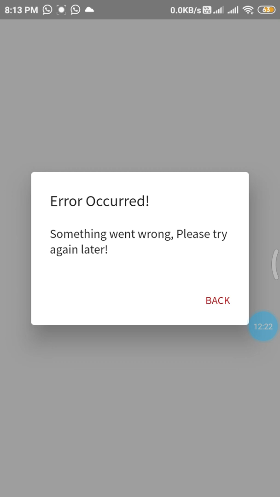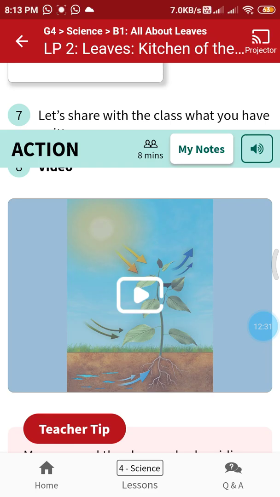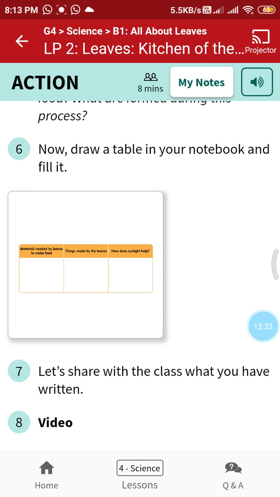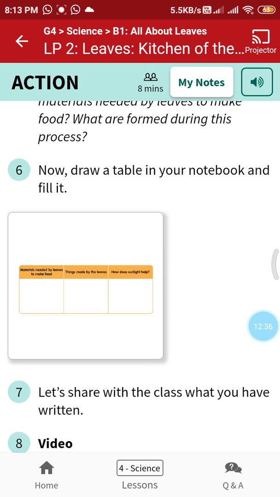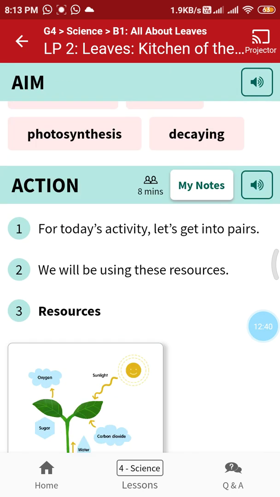So you understood how the plants are making their food. What's the meaning of photosynthesis you learnt? Right children? Now the activity, you observe the plant and complete this table whichever is provided here.